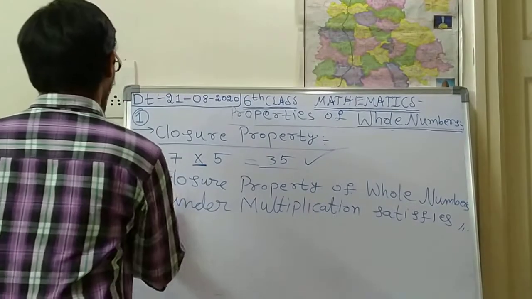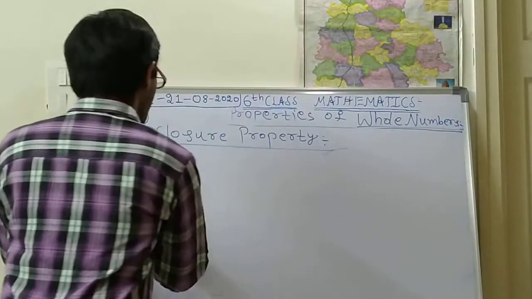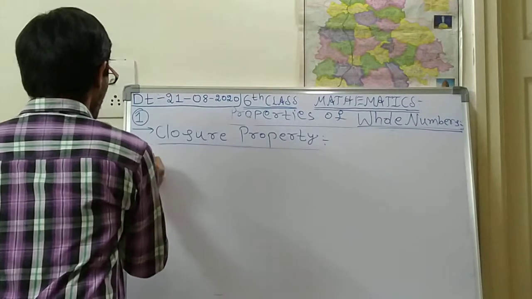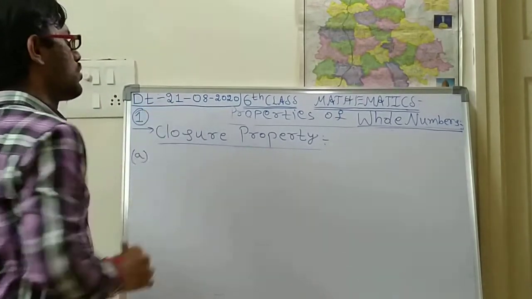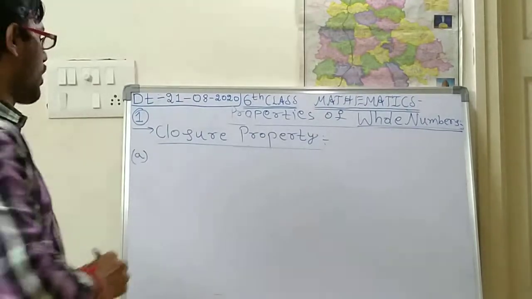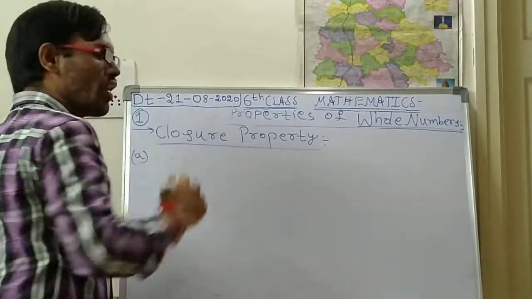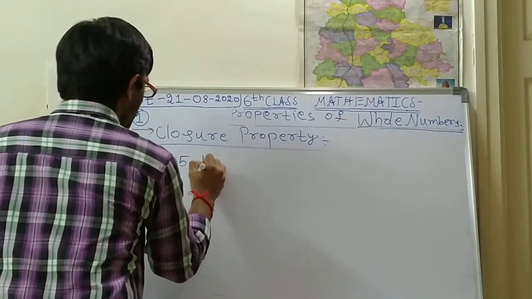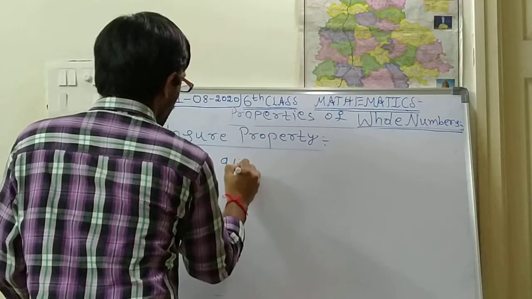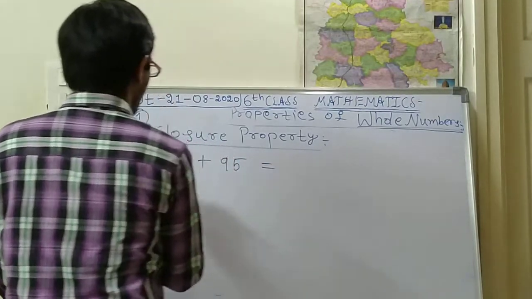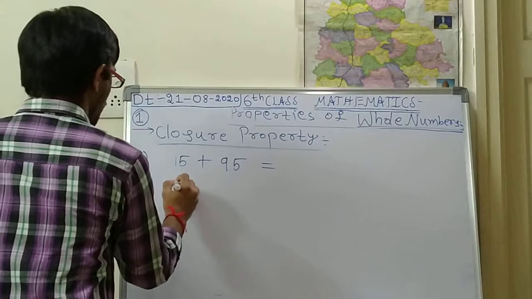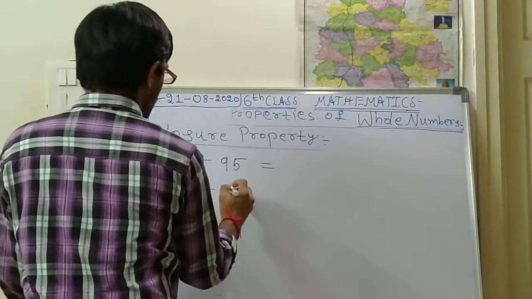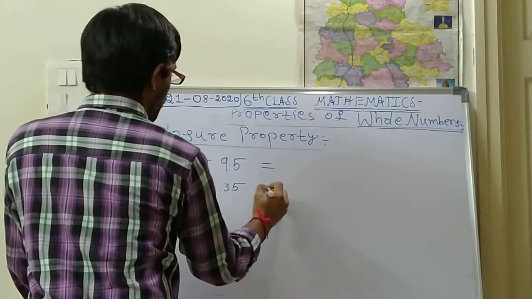Now I will give some problems as homework, children. Try to do them at home. Under this property, all 4 basic operations will be covered. The first one, 15 plus 95. Next, B, 128 minus 35.